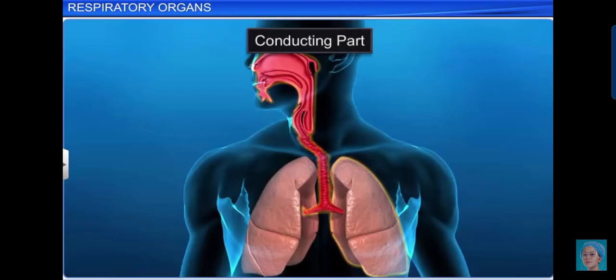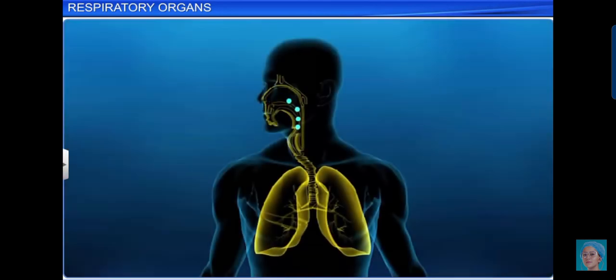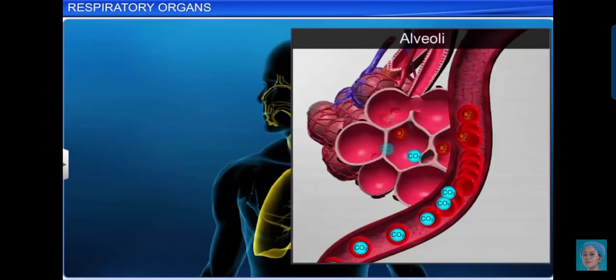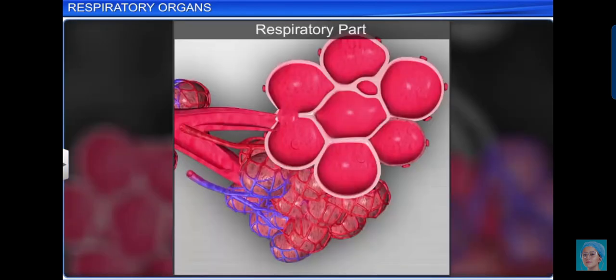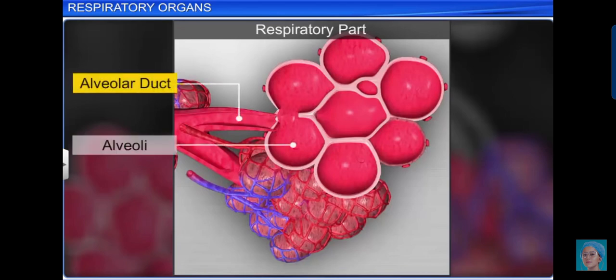The conducting part spreads from the external nostrils to the terminal bronchioles. It transports atmospheric air to the alveoli, clears it of foreign particles, and humidifies the air. The respiratory part contains the alveoli and the alveolar ducts.